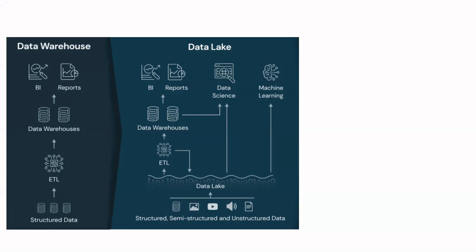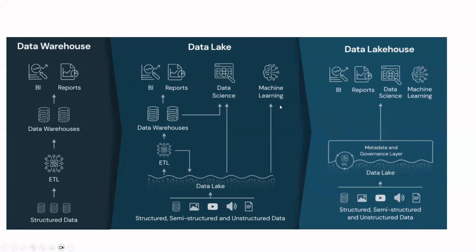However, it was still lacking some of the key functionalities and advantages that data warehouse had, such as data lake cannot store well-structured data. So companies still had to build a separate data warehouse to support their BI and reporting needs. And most importantly, data lake does not support ACID compliant transactions.